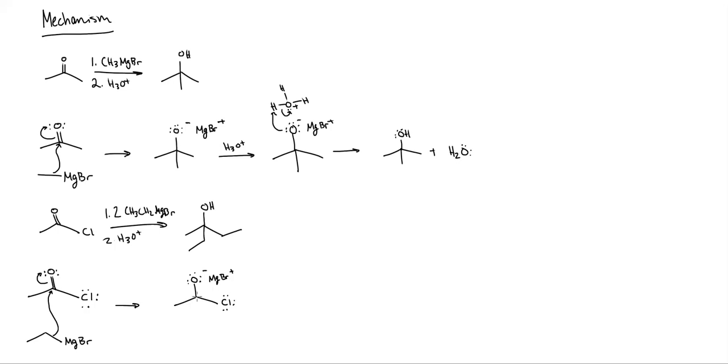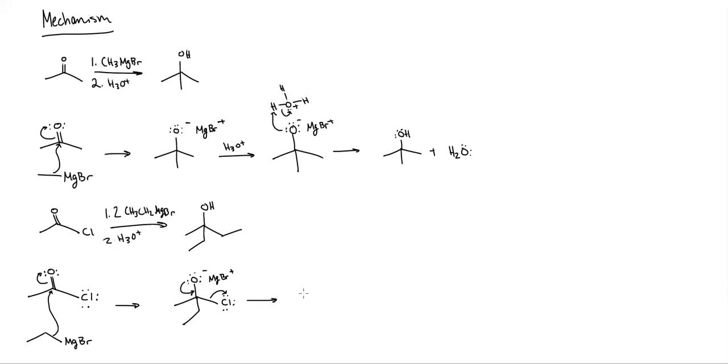And then I add an ethyl group. So now what can happen is, since chlorine is a good leaving group, this carbonyl is going to reform. Those electrons are going to reform that carbonyl double bond, which is going to give this carbon in the middle 5 bonds. That carbon can't have 5 bonds, so a bond has to break. So chlorine is going to leave.